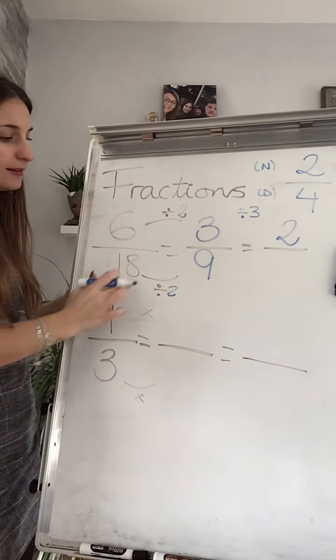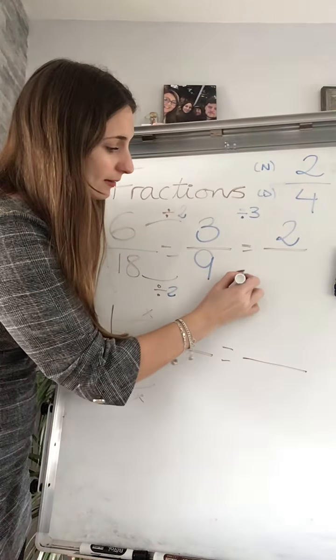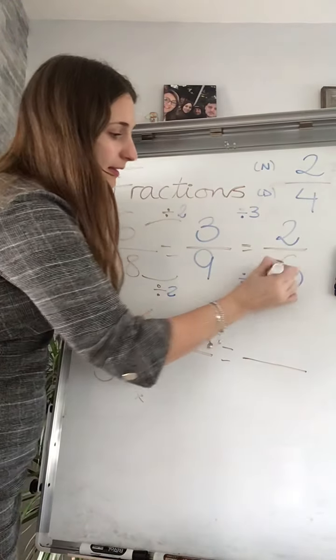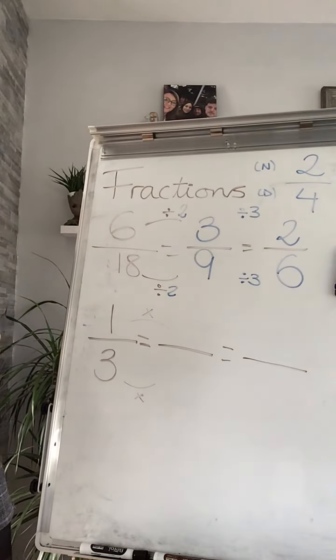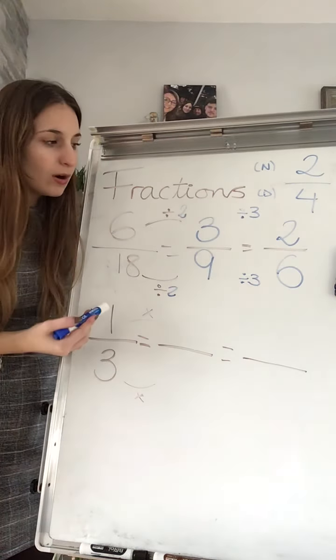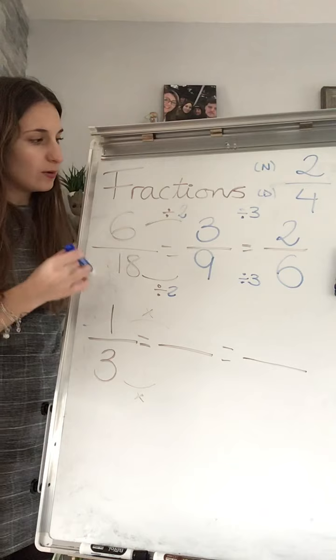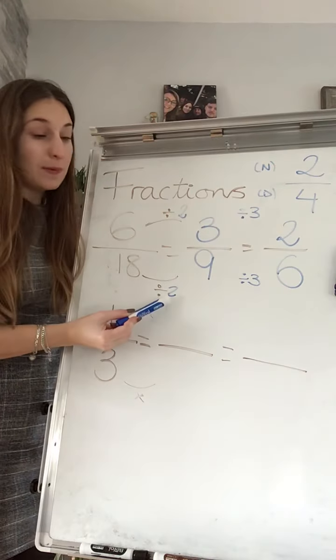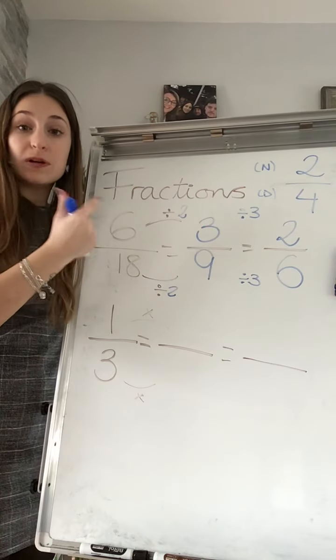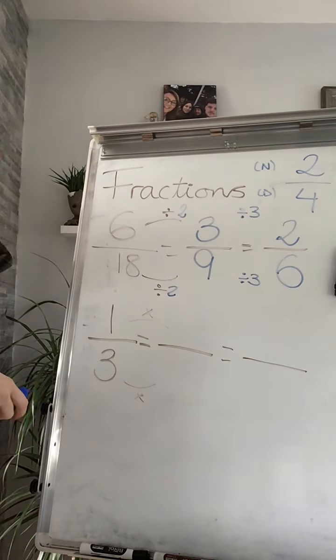And 18 divided by 3 is 6. So that's 2 of your equivalent fractions. Maybe you have more, but these are the ones that I just got dividing by 2 first and then 3. On your timetable, try to go from the lowest to the highest, okay?